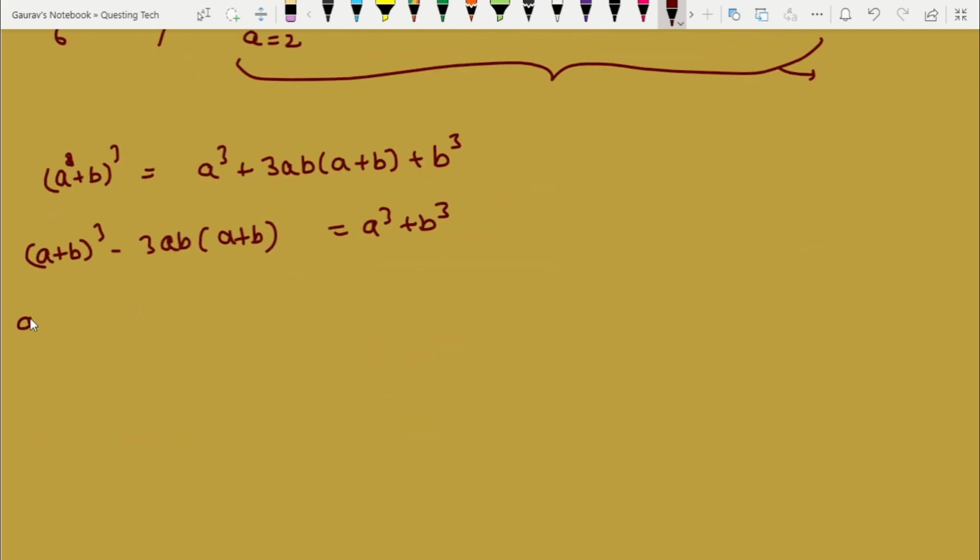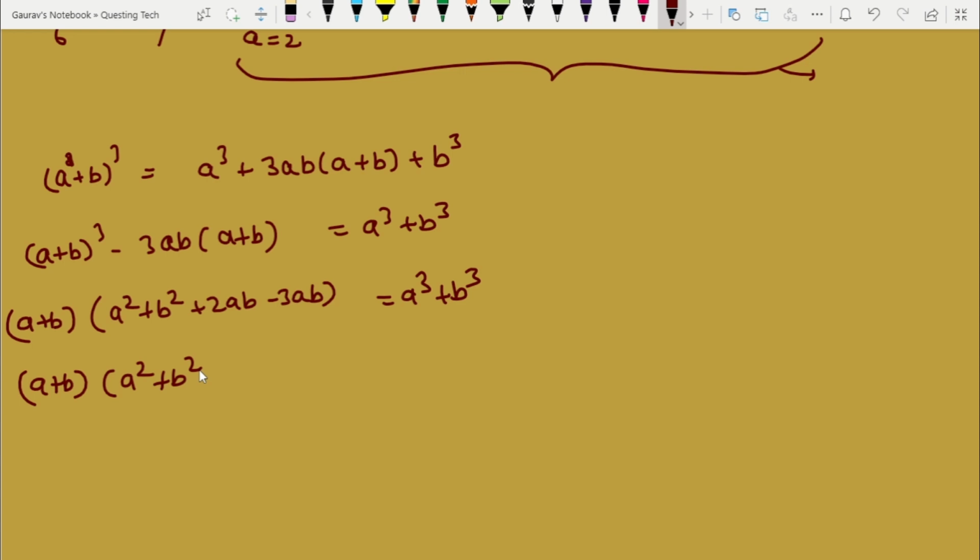So we can common out a plus b: a square plus b square plus 2ab minus 3ab. So this comes out to be (a plus b) multiplied by (a square plus b square minus ab) is equal to a cube plus b cube.